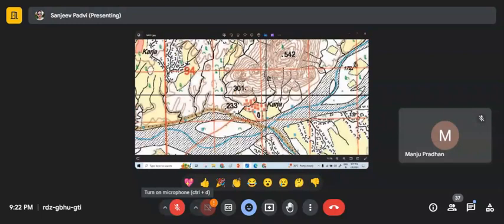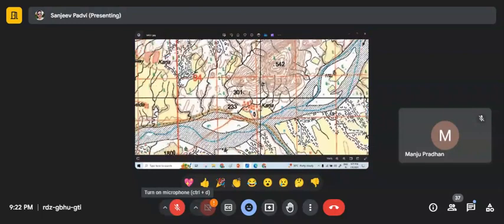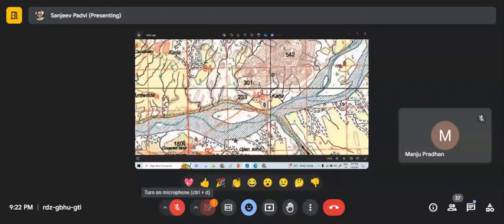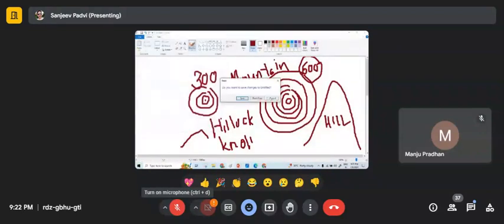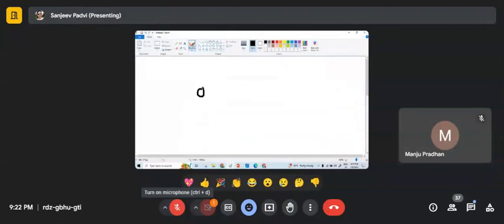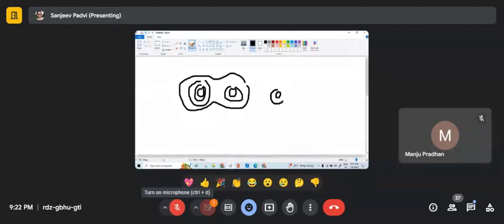Sir, both saddle and pass are the same, sir. No, saddle and pass are different. See the difference. Look here carefully. Okay, this will be a saddle. Now, how will the pass appear? Please listen now. See, these are the hills. Here are also hills.